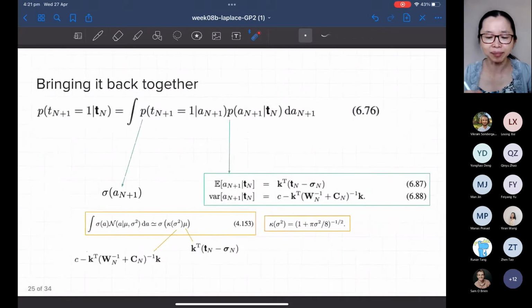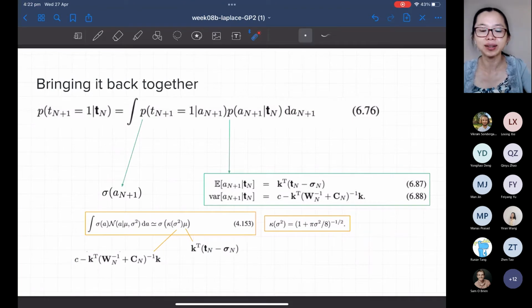To do that, we plug in this approximated Gaussian distribution of an plus 1 given Tn's with the sigmoid. And you stare at that, and you ask yourself, what does the convolution between a sigmoid and a Gaussian do? The book has a trick to approximate this sigmoid with a probit function, and then convert it back to a sigmoid, which you're not required to memorize.